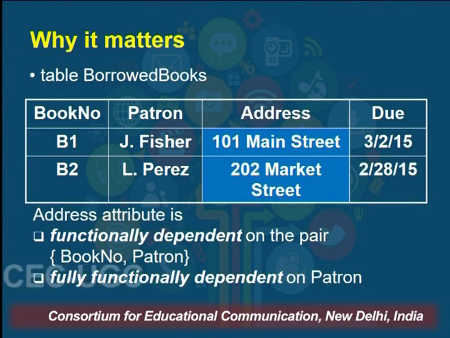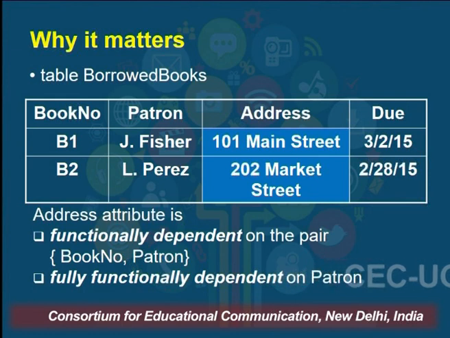So, what we can understand from this scenario is that this is a table having the record of books which are being borrowed from a library: book number, the person who has borrowed it, the address of that person, and the due date on which the borrowed book is due.